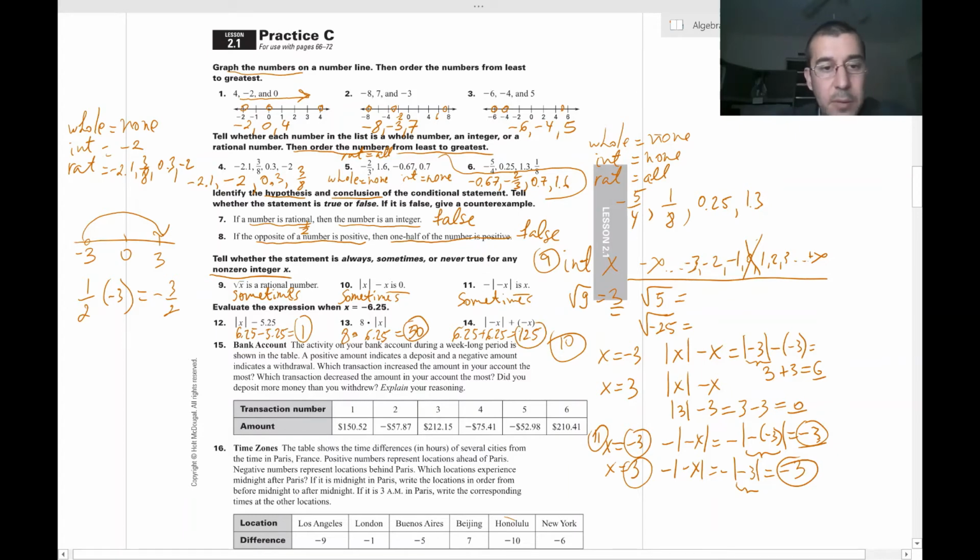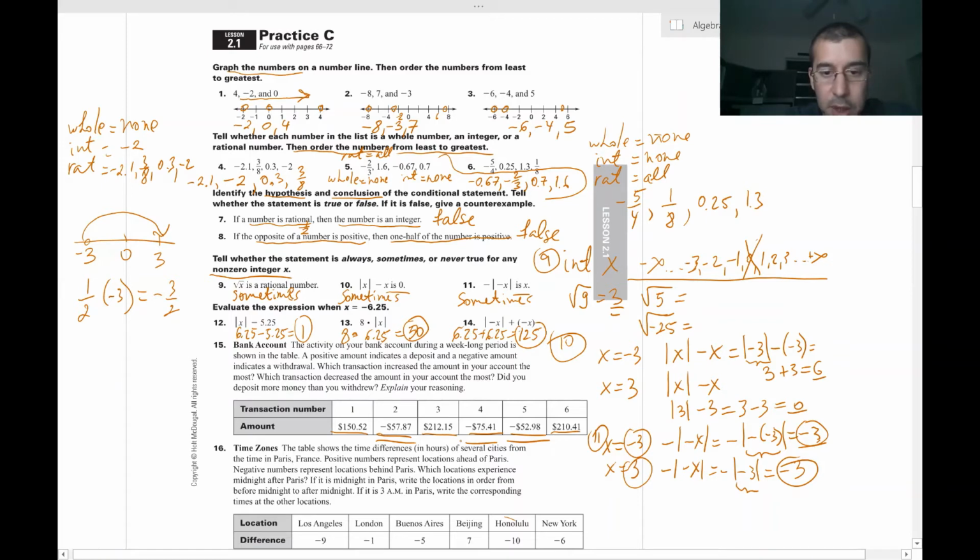15, bank account. The activity on your bank account during a week-long period is shown in the table. A positive amount indicates a deposit, so we have 1 deposit, 2 deposits, 3 deposits. And a negative amount indicates a withdrawal. That's 1 withdrawal, 2 withdrawals, 3 withdrawals. Which transaction increased the amount in your account the most?